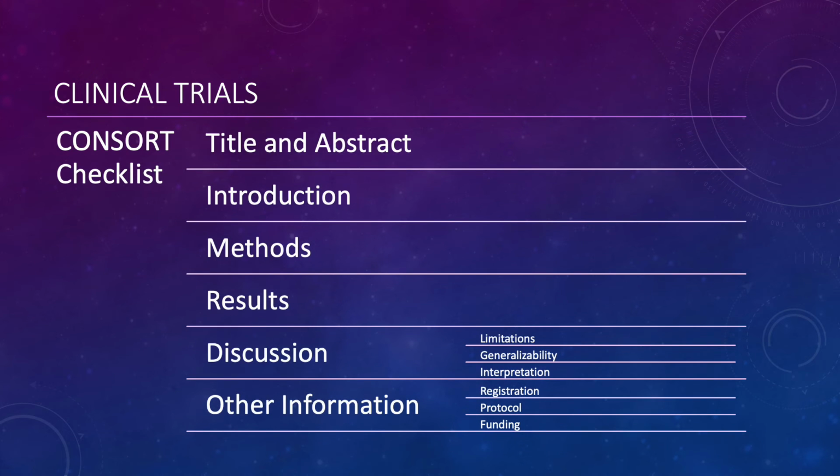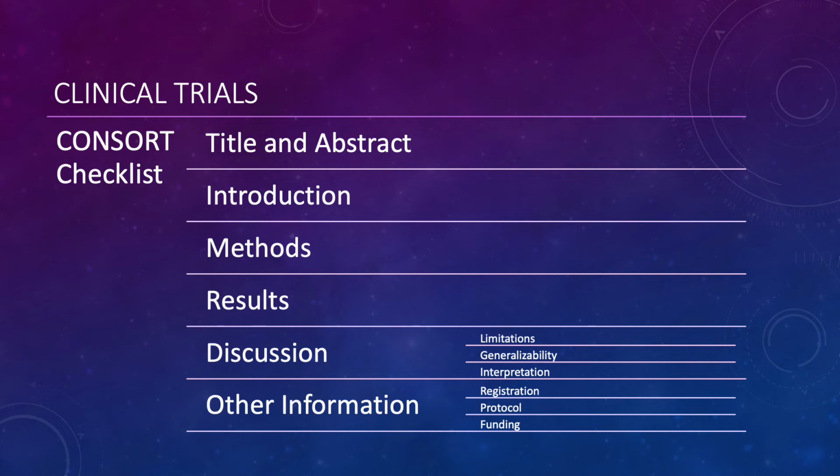So going back to the checklists, in clinical trials, we use the CONSORT checklist. CONSORT stands for Consolidated Standards of Reporting Trials. It is a 25-item checklist that provides the author with a solid backbone around which to construct and present a randomized controlled trial.